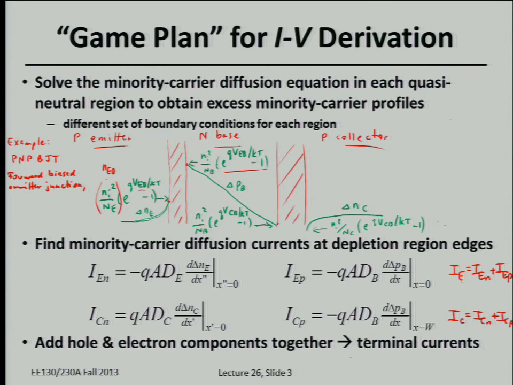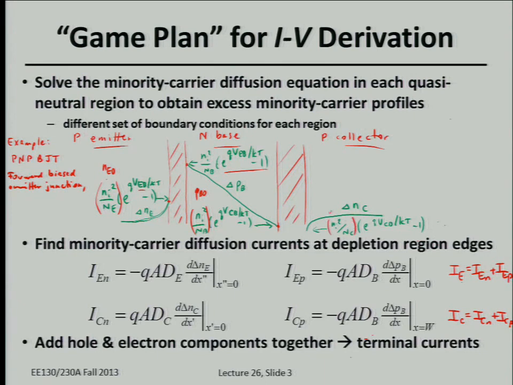So again, the excess minority carrier concentrations at the edges of the depletion regions are given by the equilibrium value. So this would be PB naught, right? That's the minority carrier concentration of holes in the base at equilibrium. It's enhanced by the exponential factor.